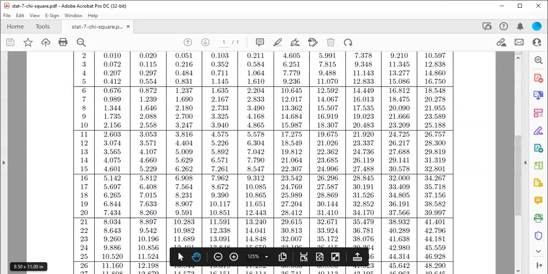So at 23 degrees of freedom, we get this and this: 13.091 and 35.172. Which one are we going to be using? You don't really have to worry about it at this moment.